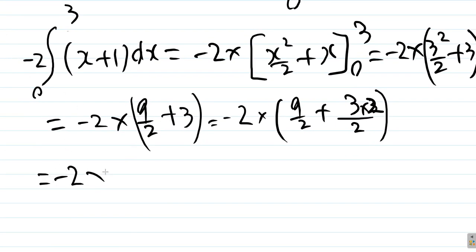So it will be negative 2 times 6, 9 and 6, 15 over 2. So the 2 cancels the 2, and it's negative 15, right? So it is negative 15.